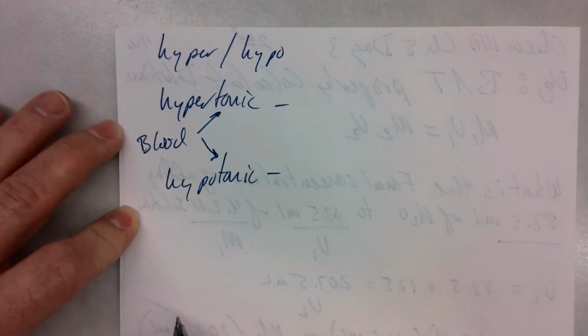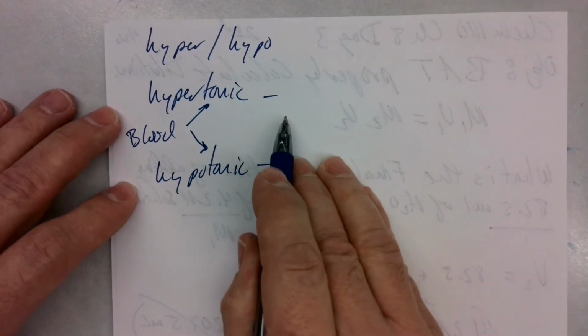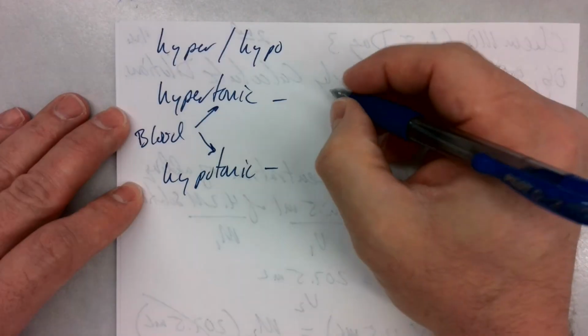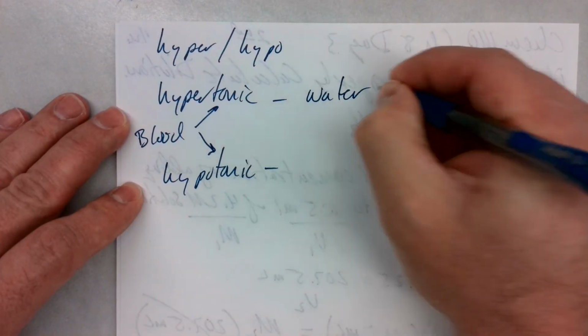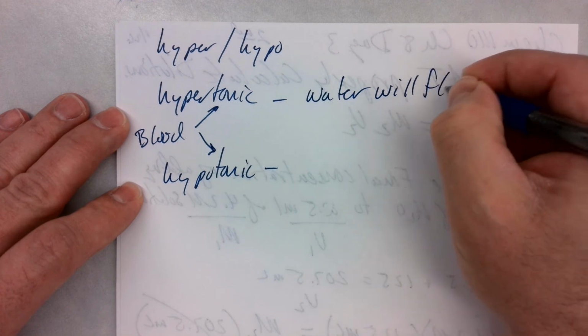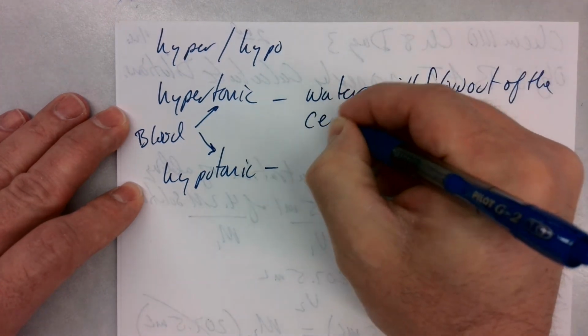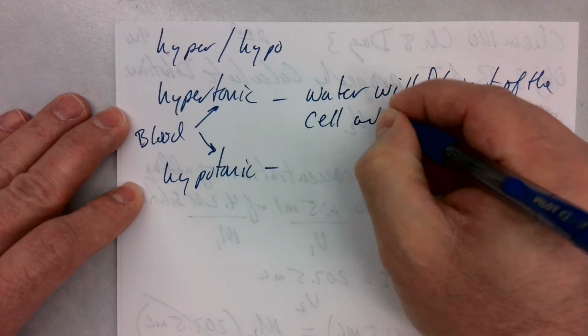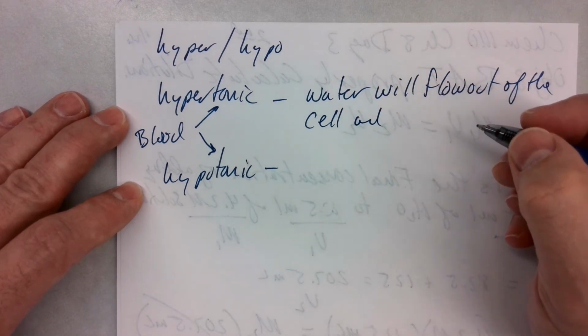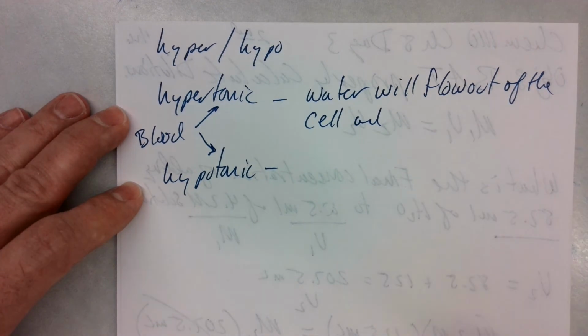Now, in a hypertonic solution, water will flow, as was pointed out, out of the cell and do what? Does anybody know what it's called when all the water flows out of a blood cell? It actually has a medical term. It mentioned it in the reading. But again, no one does that.